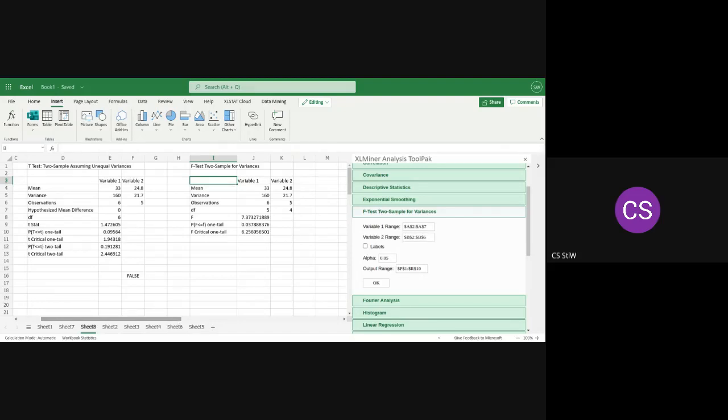So you can see in this case, our variances are not the same. Remember, for the F-test, you're comparing variances. Your null hypothesis is that variance A is equal to variance B, and the alternative is that variance A is not equal to variance B, which now our data set falls into.